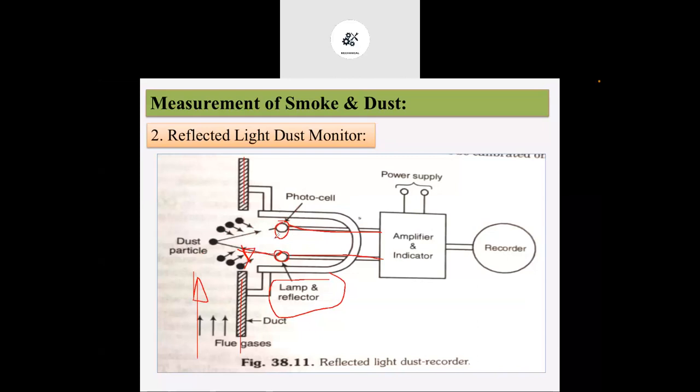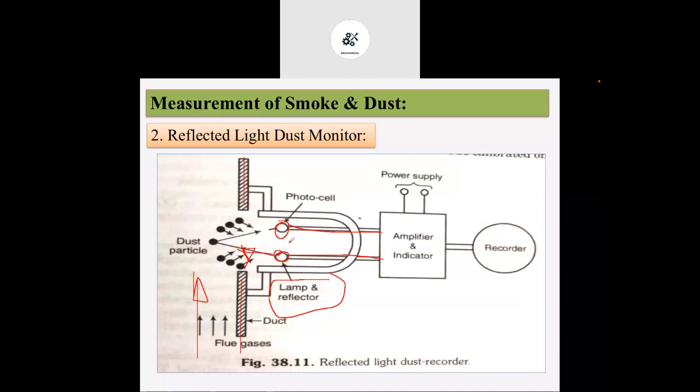By that principle, it measures the amount of radiation reflected, and that much dust will be present inside the flue gases.